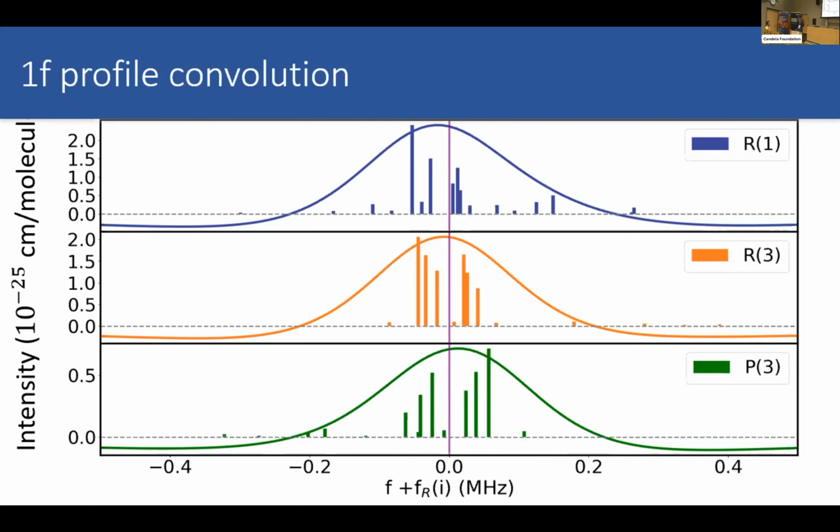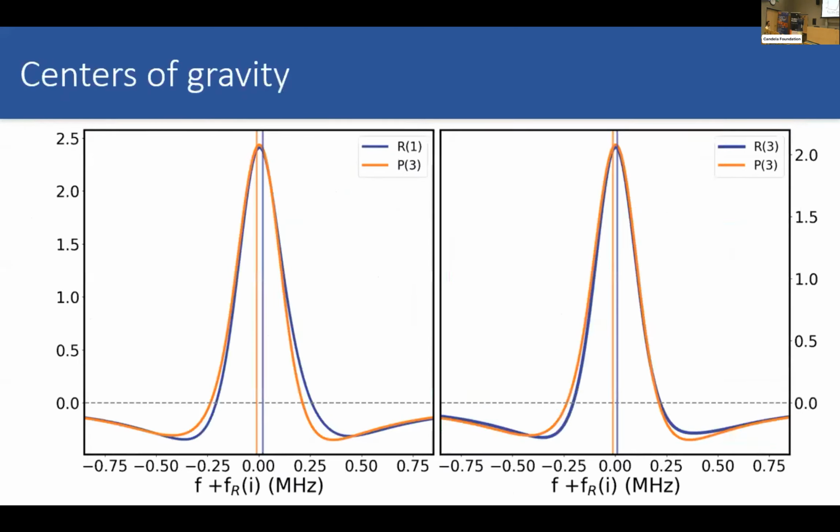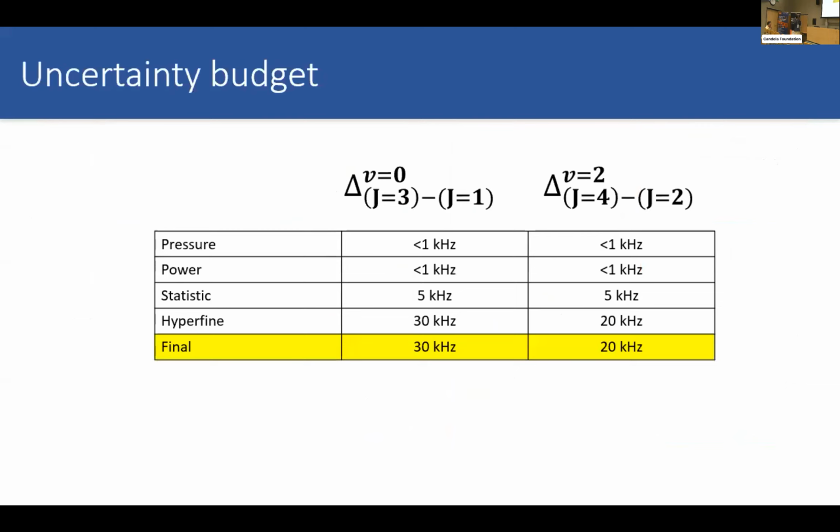So this can give rise to a certain discrepancy, or we could say when we overlap both of the beams, one of the centers of mass will be higher than the other one. And then this gives rise to our main final uncertainty.